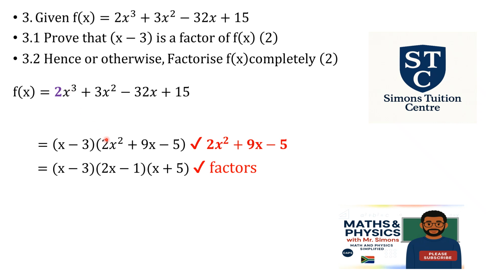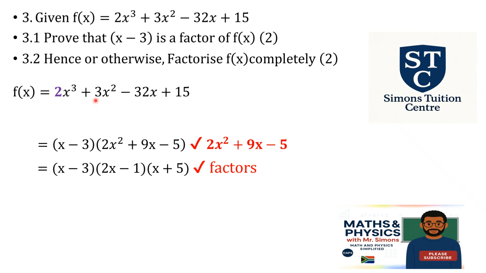From there, minus 3 times 2 gives me minus 6x squared. But I want 3x squared. So to go from minus 6x squared, I need 9x squared to get to 3x squared, because 9x squared minus 6x squared gives me 3x squared. So therefore, x times 9x gives me 9x squared.